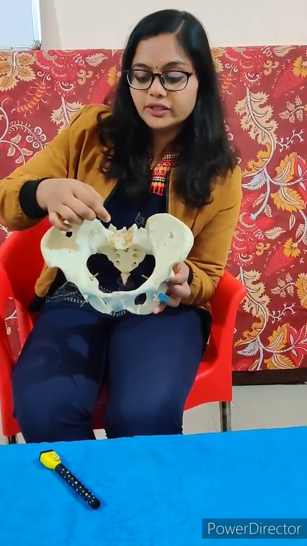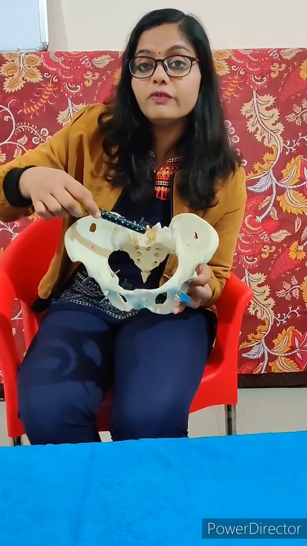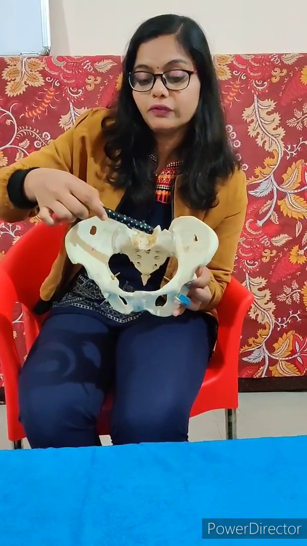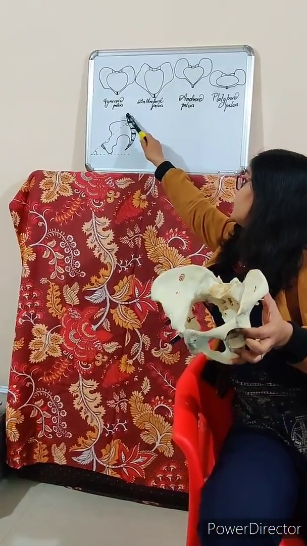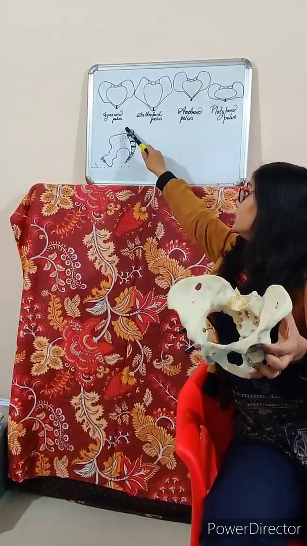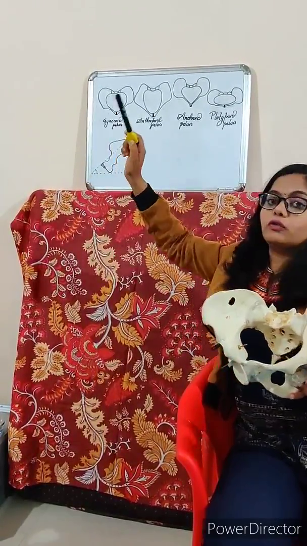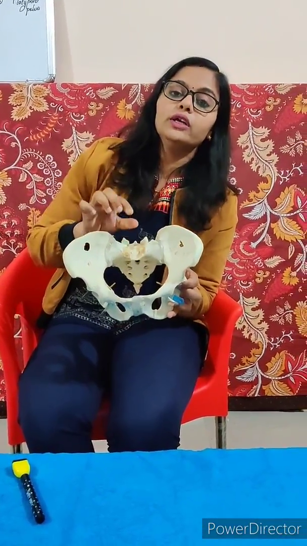The upper border of the plane of the inlet effectively becomes the upper border of the fifth lumbar vertebra. So that is called high angle of inclination.